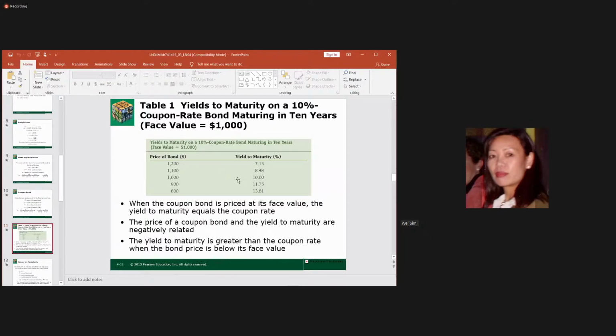All right. Now one more thing. This coupon bond, 10% coupon rate, okay? So the coupon payment, that means 10% multiplied by 1,000 is $100. So you always get $100 each period. So if it's a 10% coupon bond, and the yield to maturity moves to 10%, that means yield to maturity equals the coupon rate, what's the bond price? 1,000.